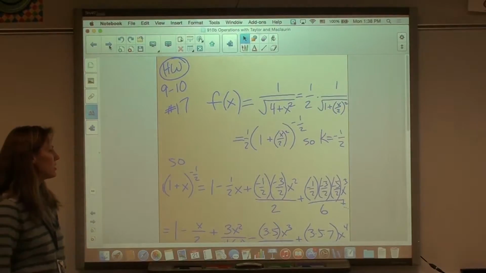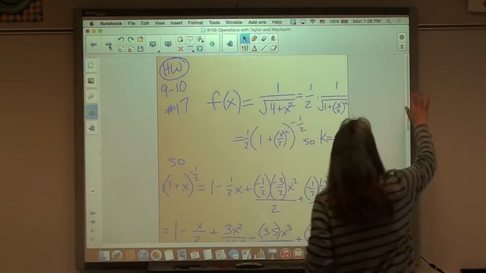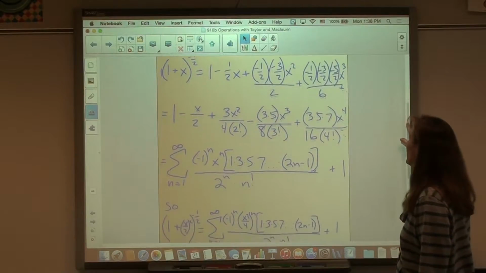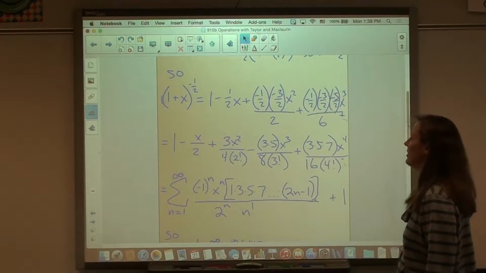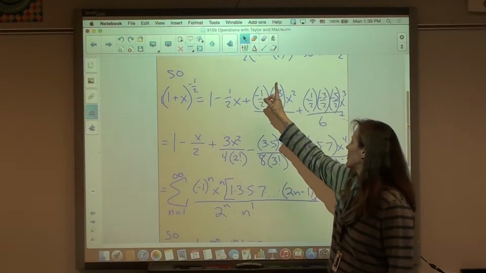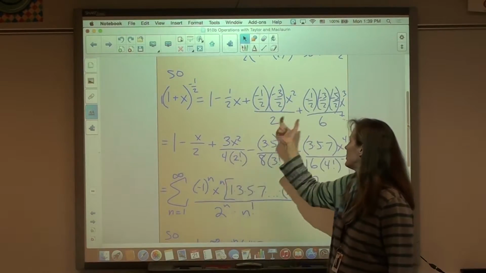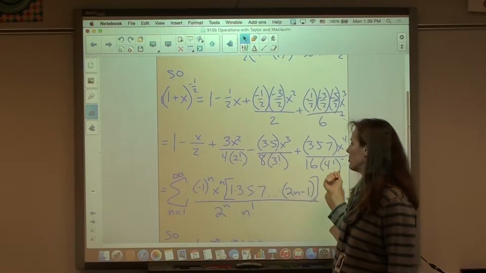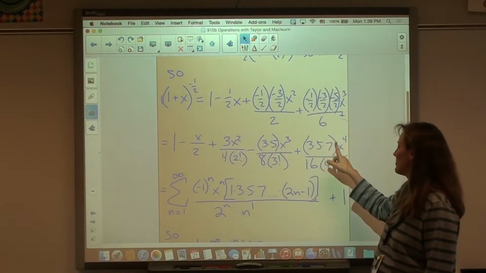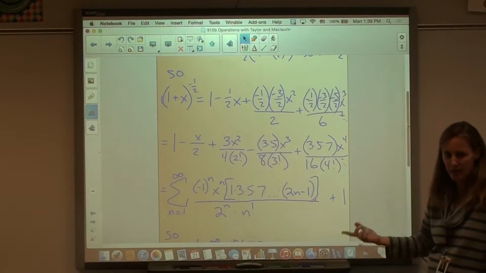Okay, all right, so whenever you have these binomials, I put the 2's to the bottom along with the factorials, and then you end up with this 1 times 3 times 5 times 7 times and so on, right?